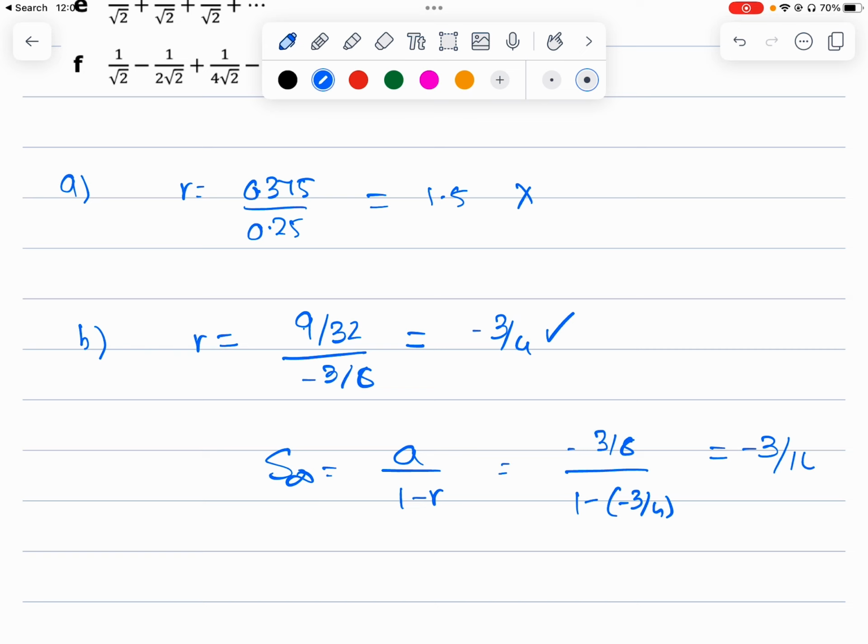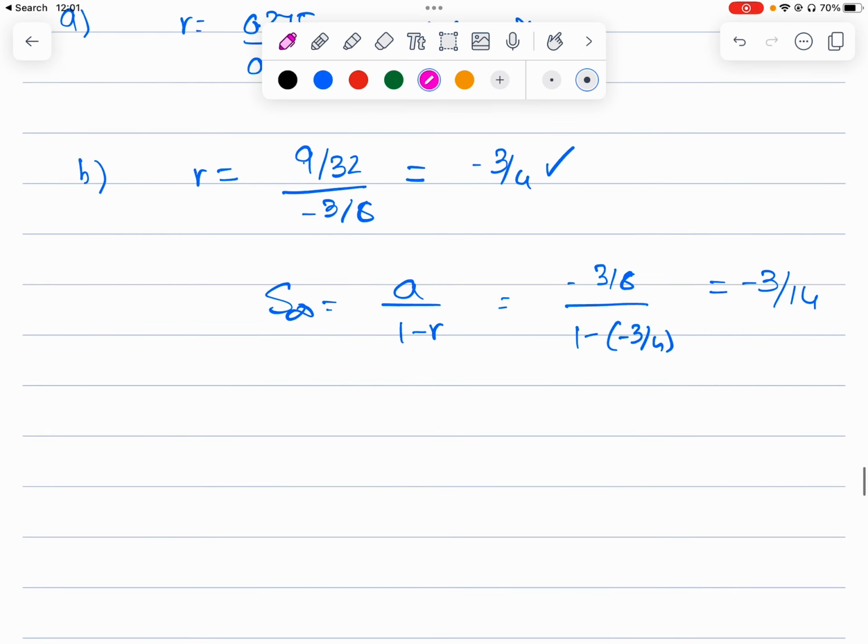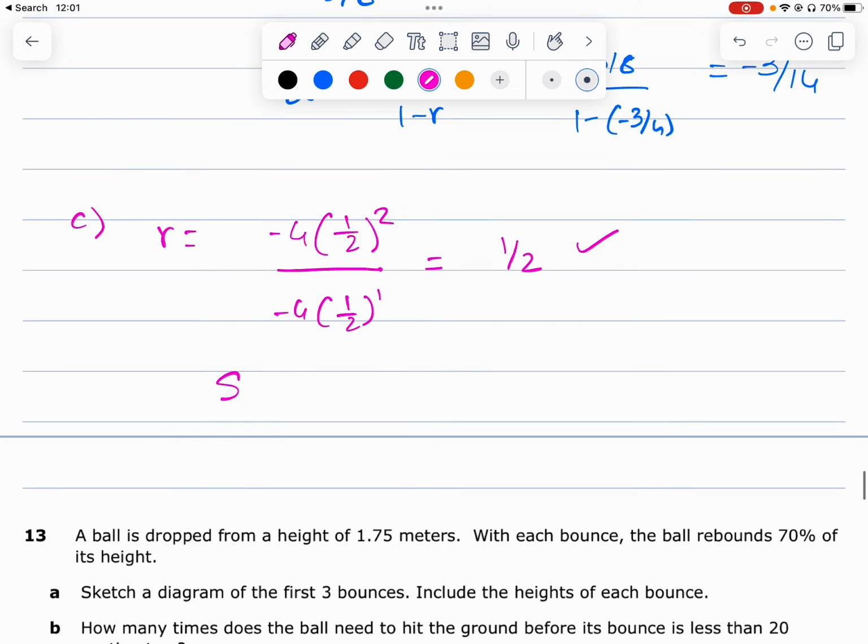Negative 3 upon 14. Then part C. Common ratio is negative 4 times 1 upon 2 whole square divided by negative 4 times 1 upon 2 whole power 1, which is 1 upon 2. So it is converging. So sum to infinity will be A upon 1 minus R, which is equal to nothing but how much? Negative 4.